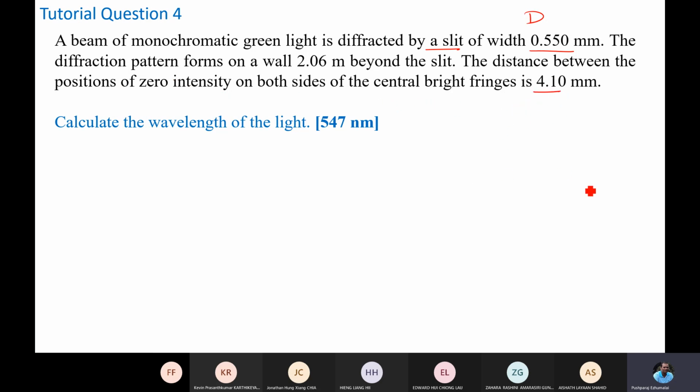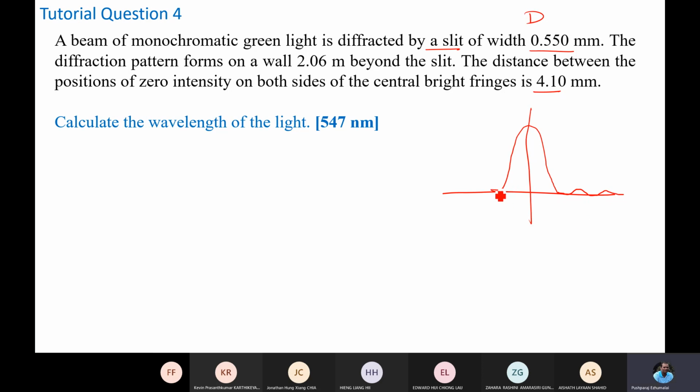What do you mean by zero intensity? I showed in the lecture material the intensity pattern. So this is the intensity pattern like this. Here the intensity is 0. After that a small bump, a bright image, and then the intensity drops.